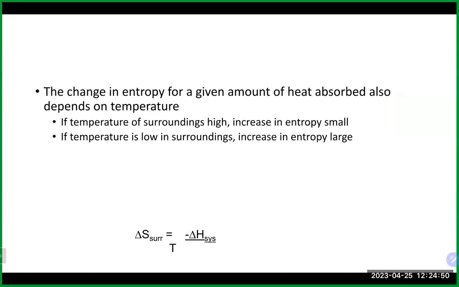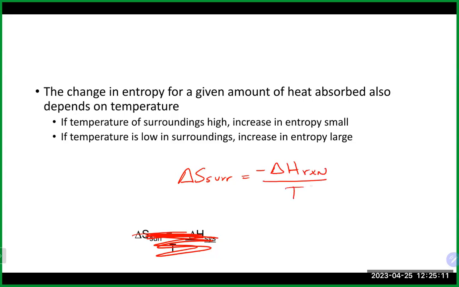So as I mentioned a second ago, the temperature of the surroundings does play a role. To calculate the surroundings entropy, let me rewrite it as it got messed up on my page. The delta S of the surroundings is negative delta H of the reaction, our system, divided by our temperature in Kelvin.